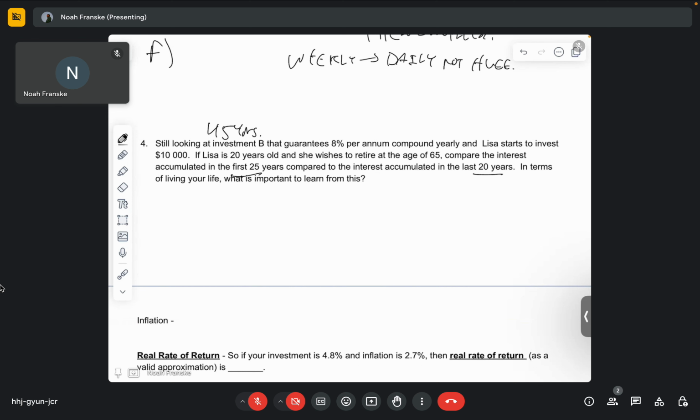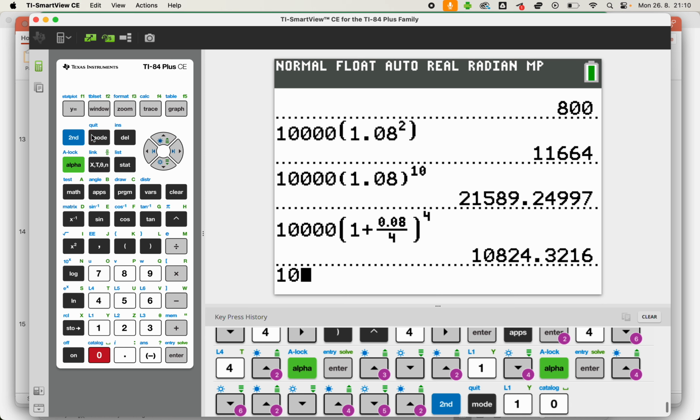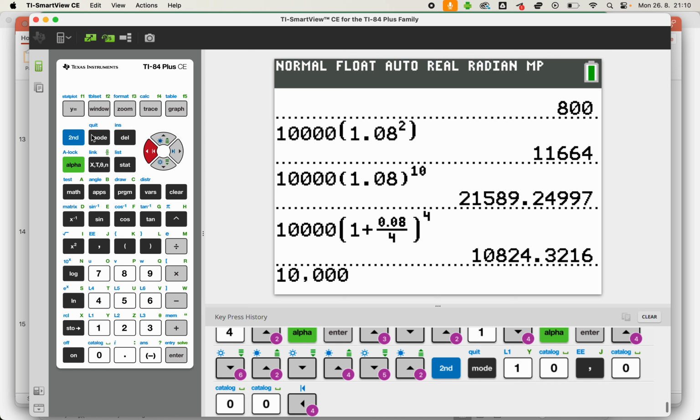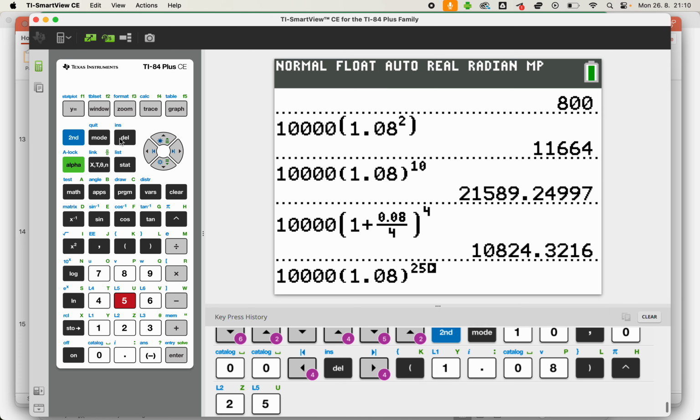All right, so let's look at the first 25 years. So we have 10,000 times 1.08 raised to the 25th. To the calculator, Batman. You could also do this on the graph, but let's just do 10,000 times 1.08 raised to the 25th power.